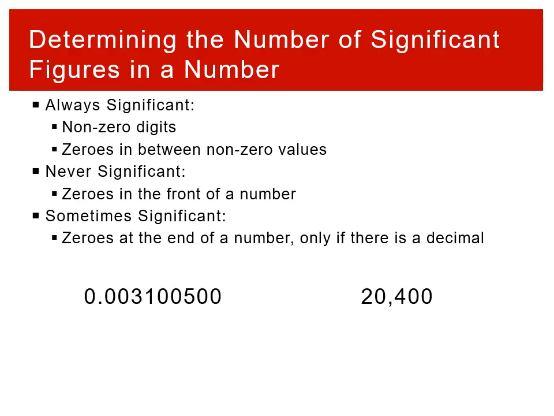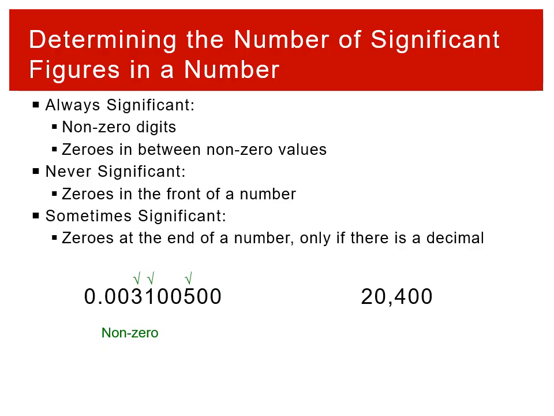Our first number is 0.003100500. Okay. So always significant are the non-zero digits. So 3, 1, and 5 are not zeros, so they are definitely significant. So we can see that all of the other rules are about determining whether or not the zeros are significant.